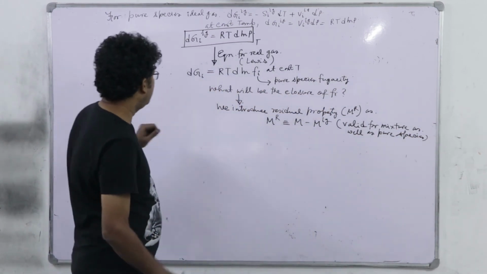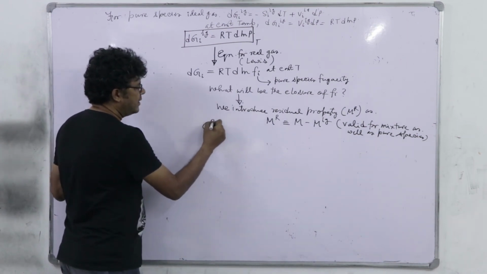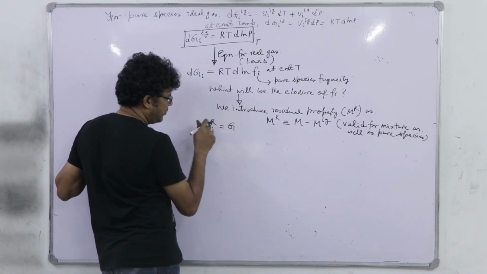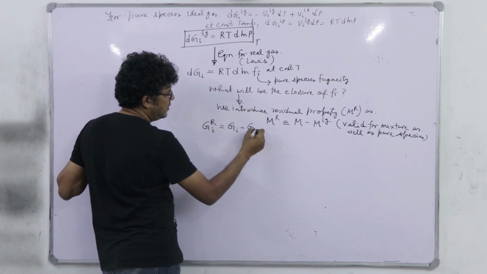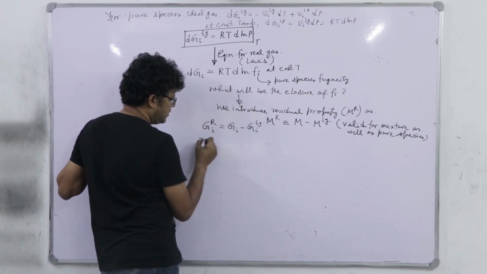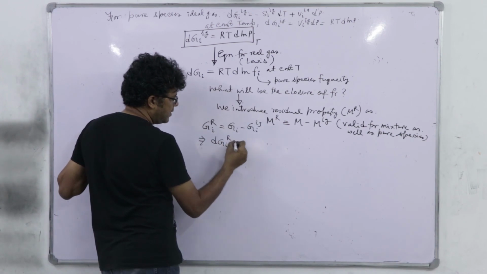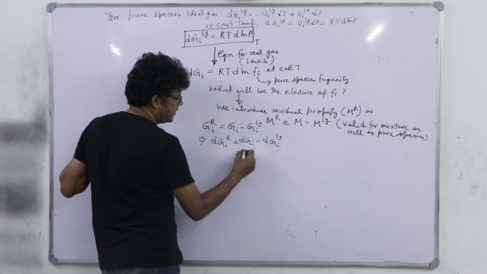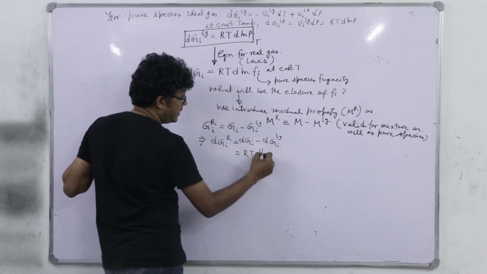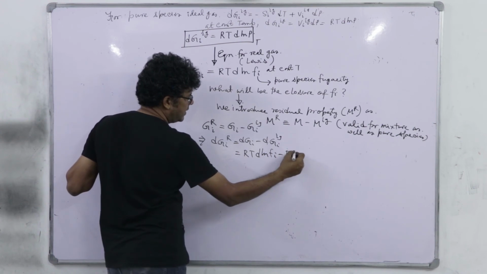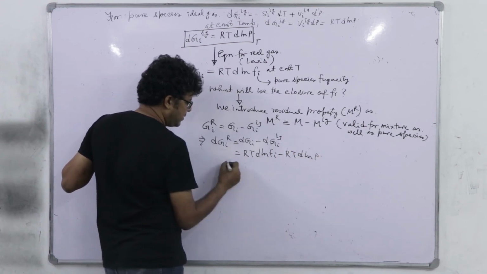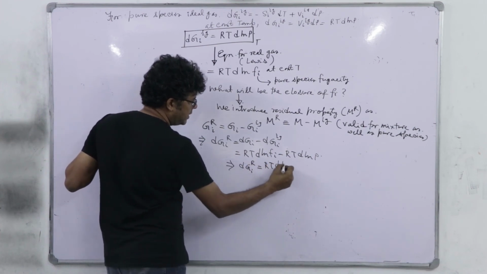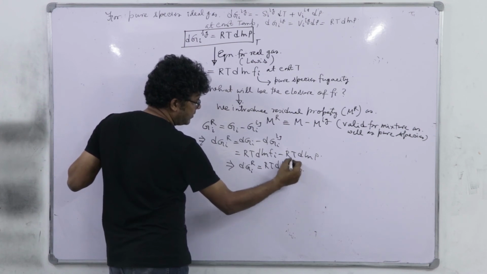So, we can say that GiR is equal to Gi minus GiIG for a specific species. So, dGiR is equal to dGi minus dGiIG, and that is equal to RT d ln fi minus RT d ln P. So, it gives rise to dGiR equal to RT d ln fi by P, a dimensionless quantity.